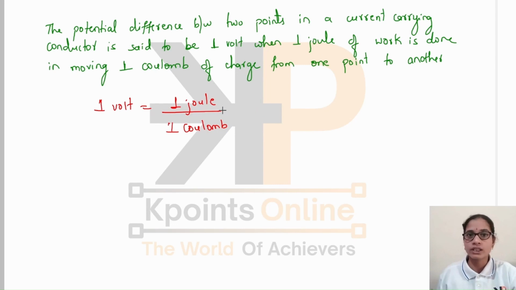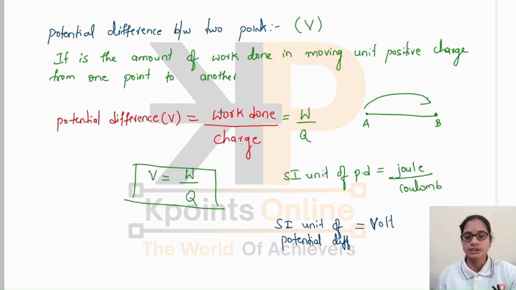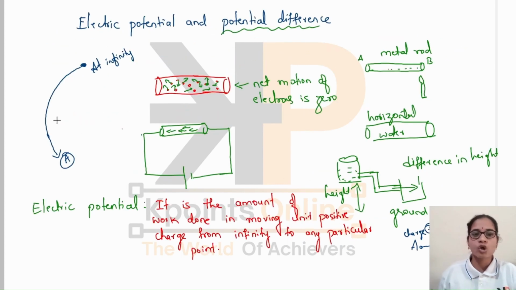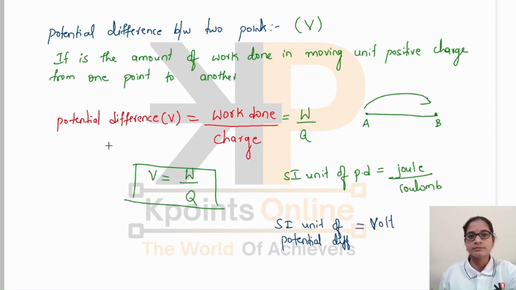So let's recall about the electric potential and potential difference here. What do we mean by electric potential at a point? When we move a unit positive charge from infinity to that point, the amount of work done is called electric potential. And what do we mean by potential difference? It is the amount of work done in moving unit positive charge from one point to another.